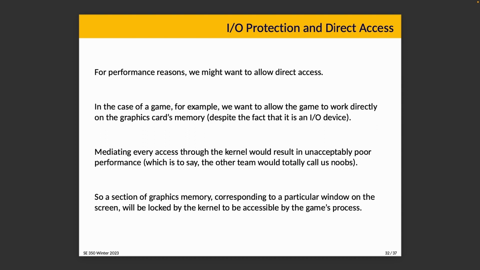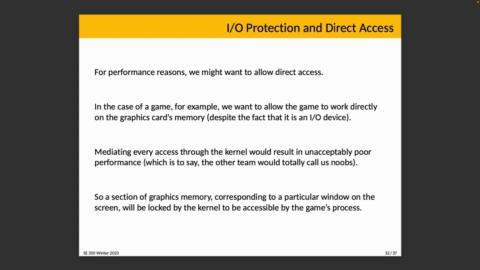Why would we do that, and why does it matter? Well, performance. If every access to the memory of the graphics card involved going through the kernel, it would result in unacceptably poor performance, which is to say the other team would totally call us noobs. We're here to win, and it would just be too slow.